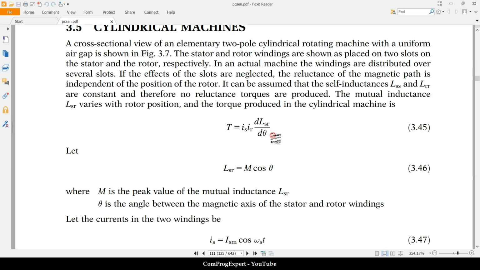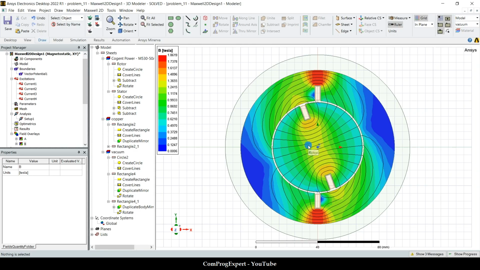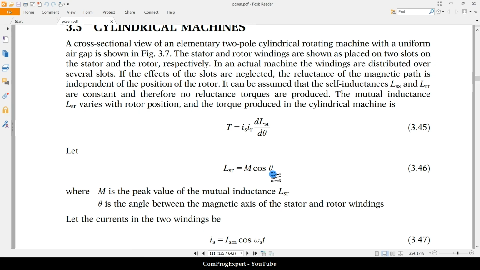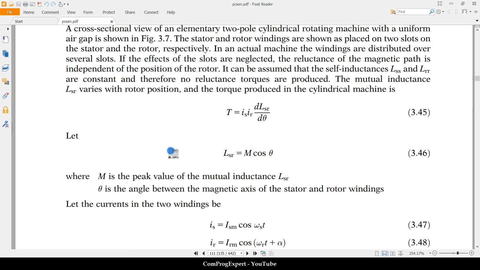Yes, the torque is due to variation of the mutual inductance between the rotor coil and the stator coil. Okay, we don't have reluctance torque because variation of the self-inductances is negligible. We only have torque due to variation in the value of the mutual inductance in cylindrical machines.